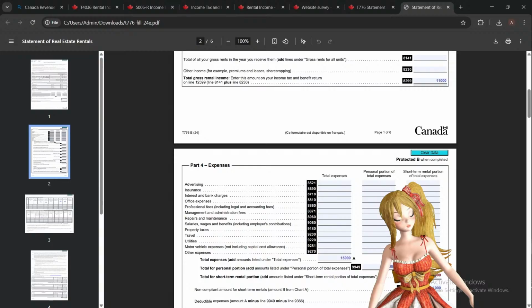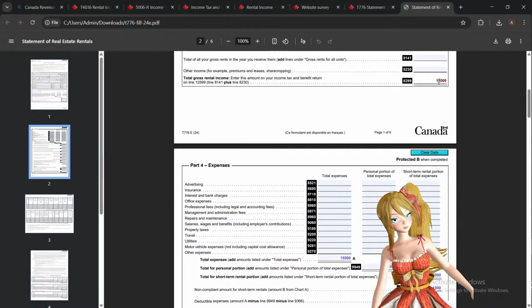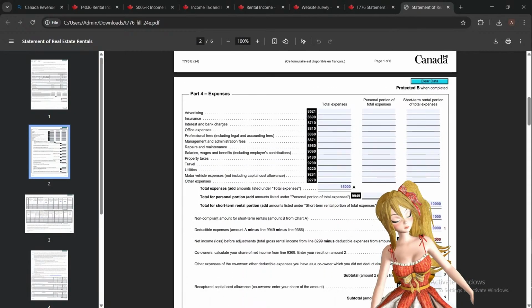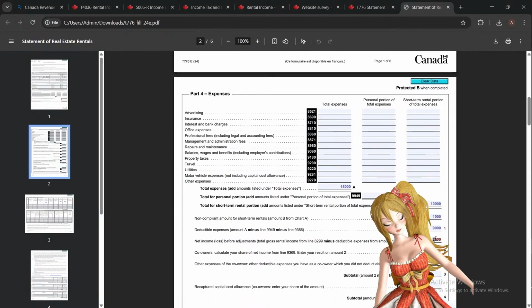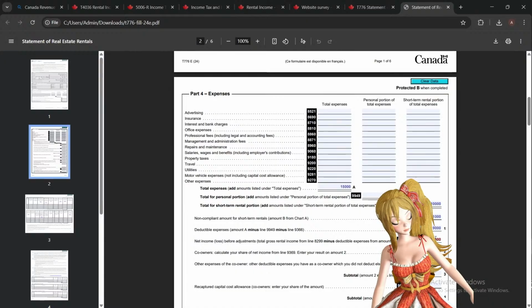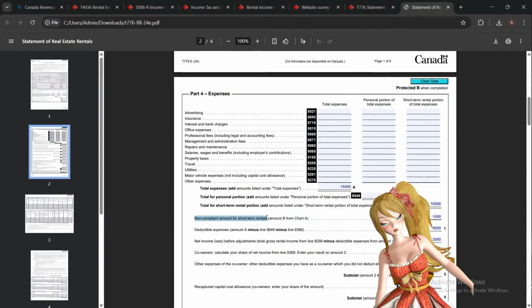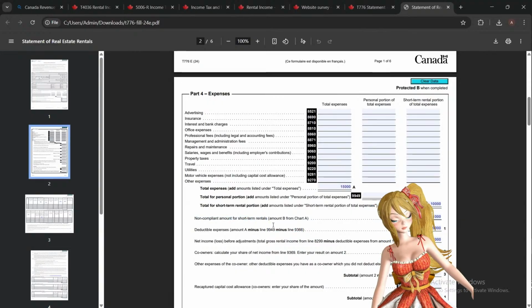But I paid 10,000. I earned 11,000. So wouldn't the profit be 1,000 instead of 2,000? Why is this non-compliant amount? Why is the amount that they don't pay a double negative?